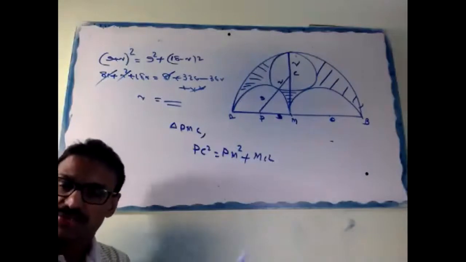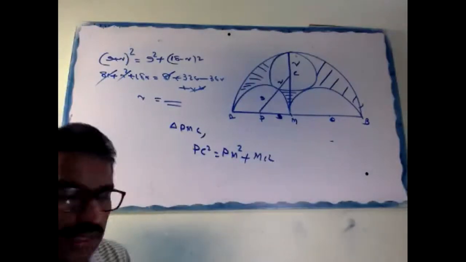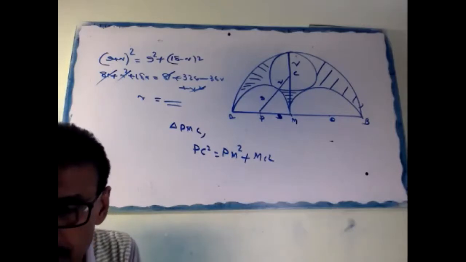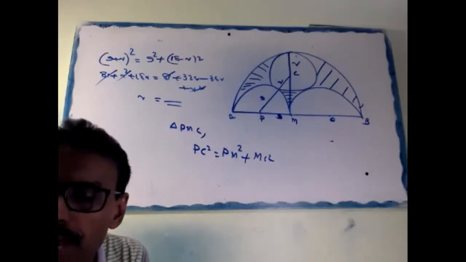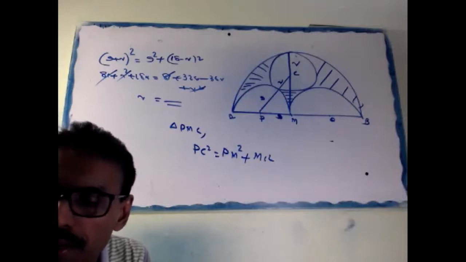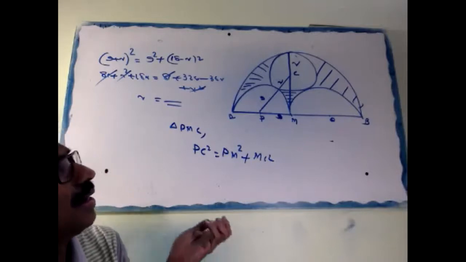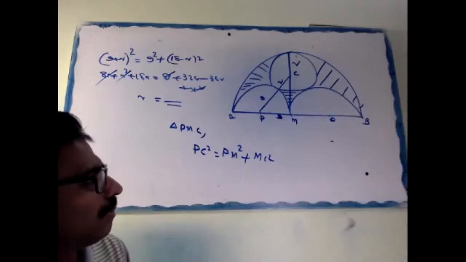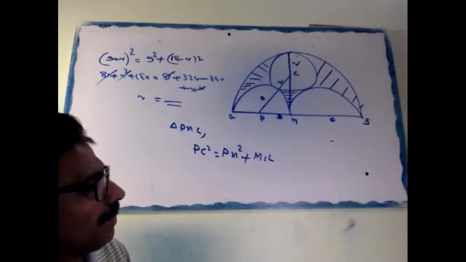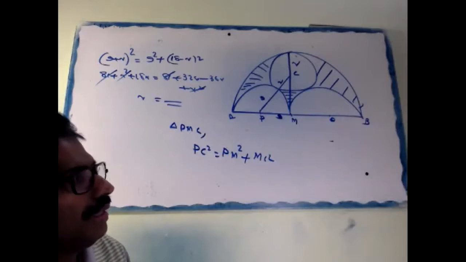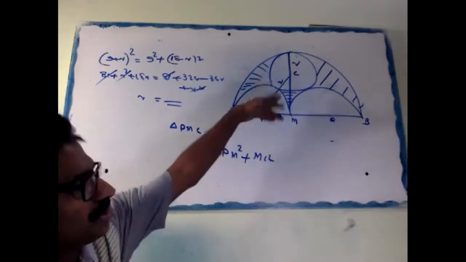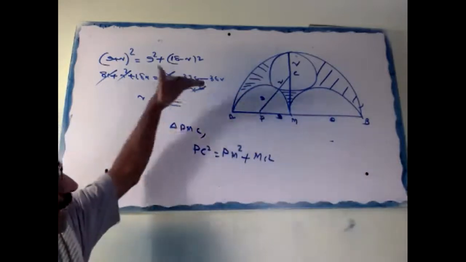Okay, start with this one. You wrote the first line: required area, or shaded area, equals area of the semicircle on AB minus area of the semicircle on AM plus area of the semicircle on MB plus area of the circle with center C. After that you do this construction and get the radius.